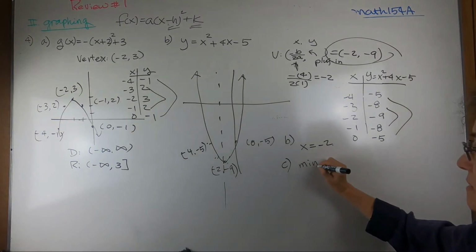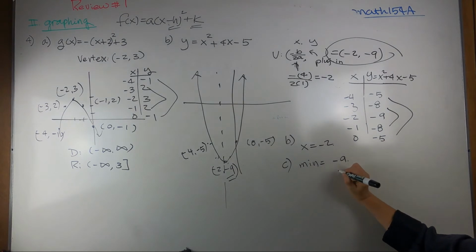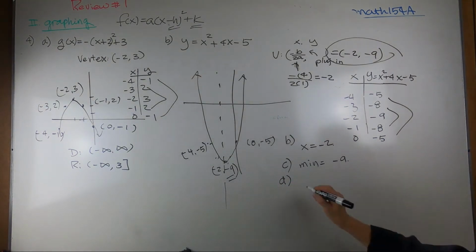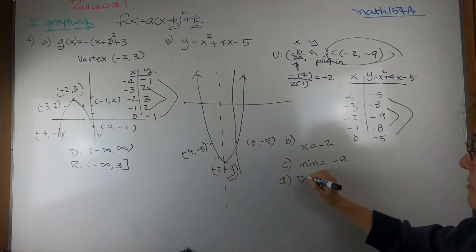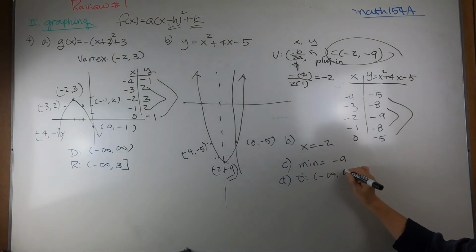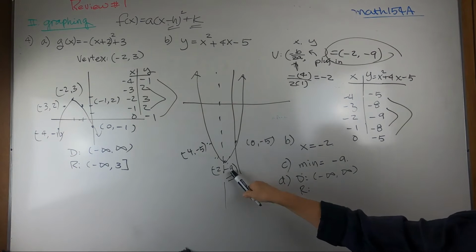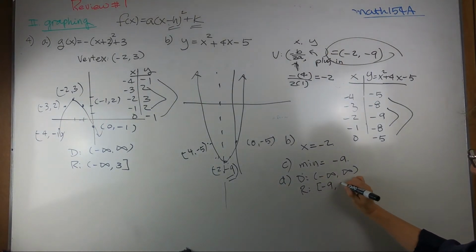So it's a minimum equals the lowest point, -9. Then we will also ask you domain and range. So domain is left and right, right? -infinity to infinity. What's the range? How far you can go up and down from -9 and up, right? So it should be -9 to infinity.